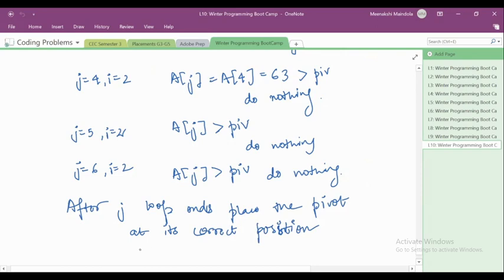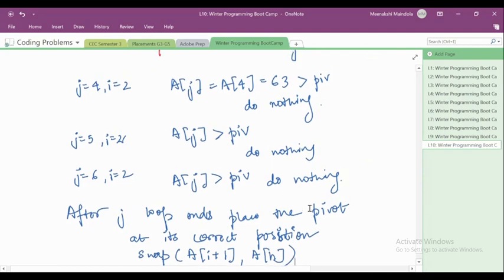And how do you do that? You simply swap. You will perform this swap: A of I plus 1 with the pivot element, or A of high.